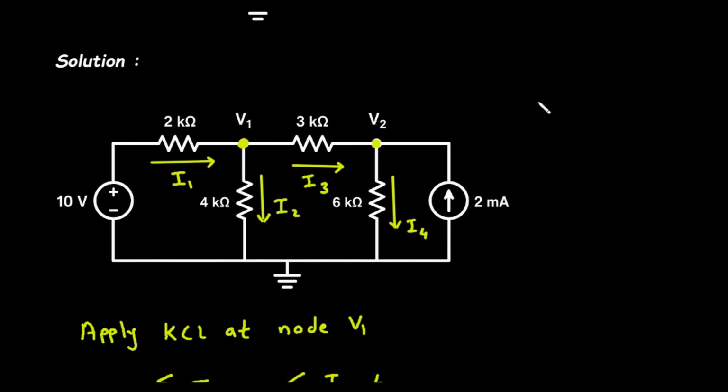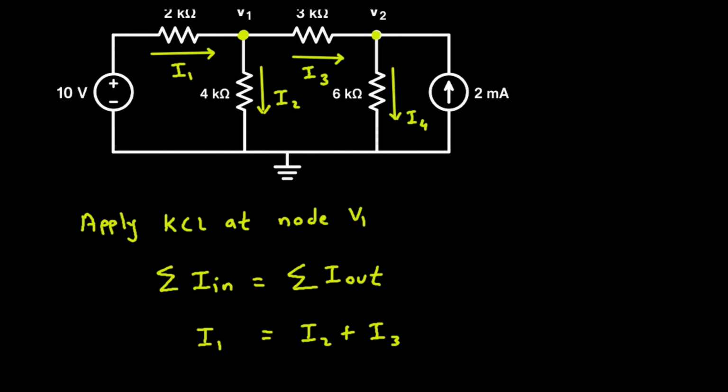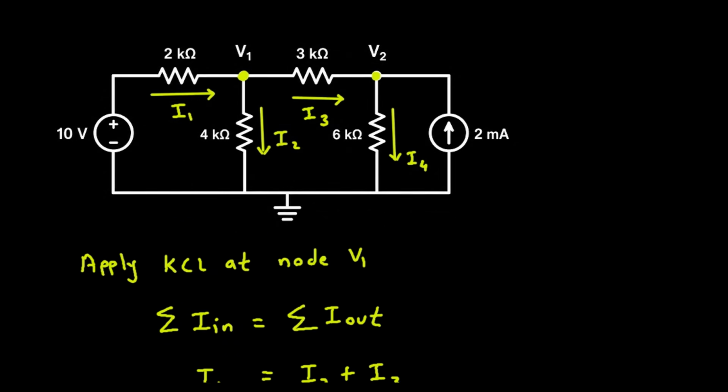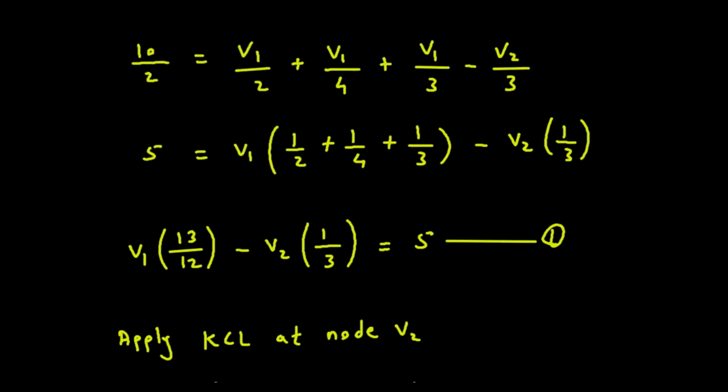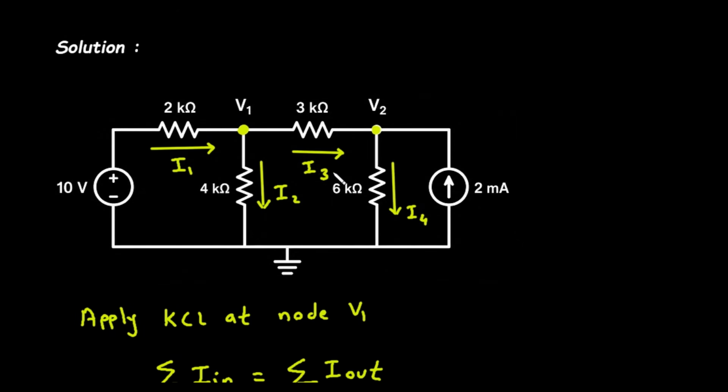Now here the entering currents are 2 milliampere and this I3. So this 2 milliampere, we can write it like this, 2 into 10 to the power minus 3 plus I3.